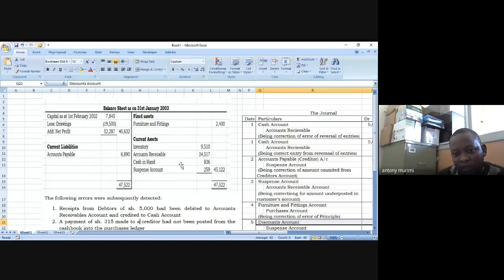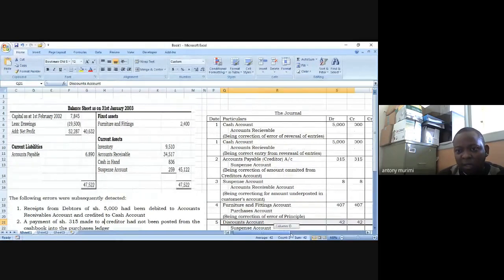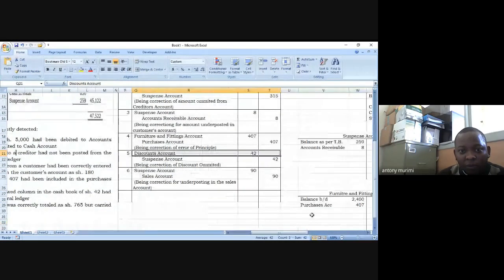The same case as we have done with the purchases account, we shall skip the discount account for now and have it in the statement of adjusted net profit.